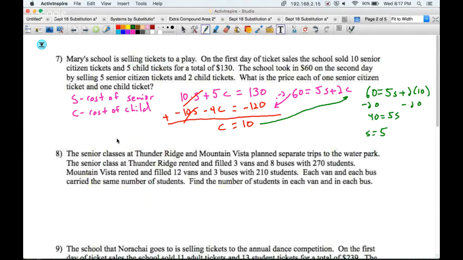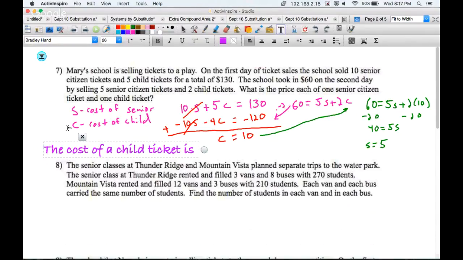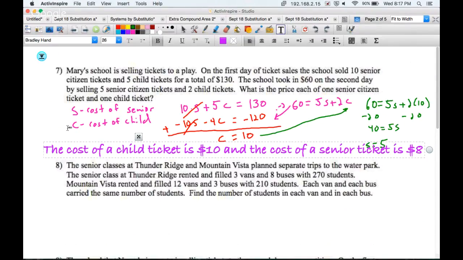It is a word problem, so we probably should be answering in the form of a sentence. The cost of a child ticket is $10. Get our unit of dollars. And the cost of a senior ticket is $8.